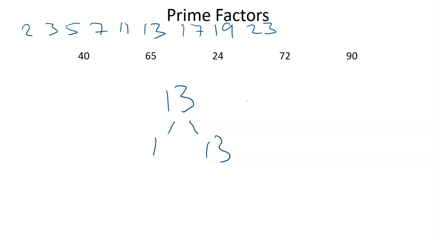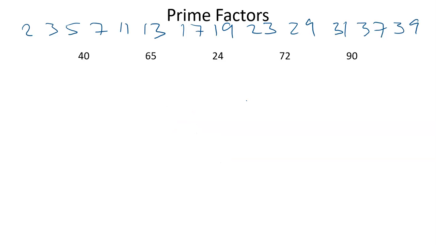So 25, no, 27, 29, 31, 33 divided by 3, 35, obviously not, 37 and 39. Well, I'll leave it like that, so it's unlikely that in our numbers we'll have anything bigger than that. But you can just Google them if you want a big list of prime numbers.